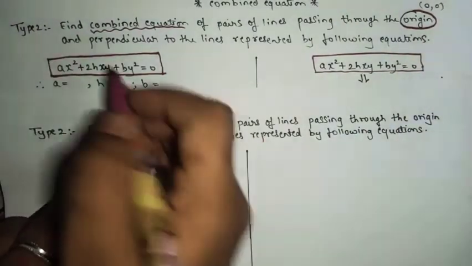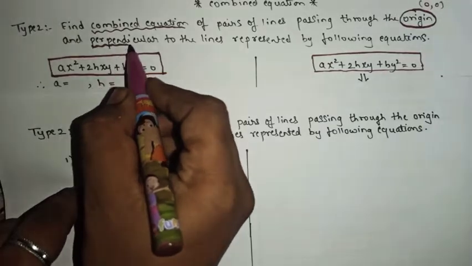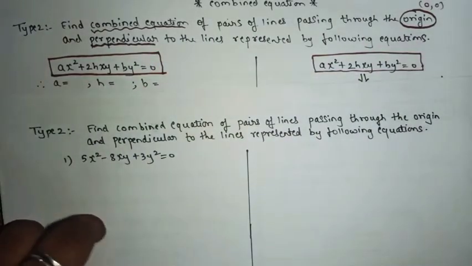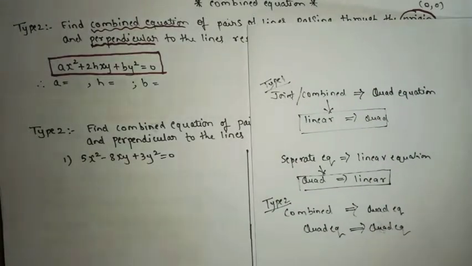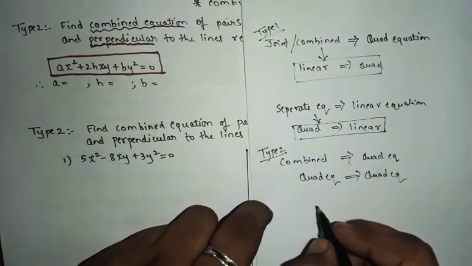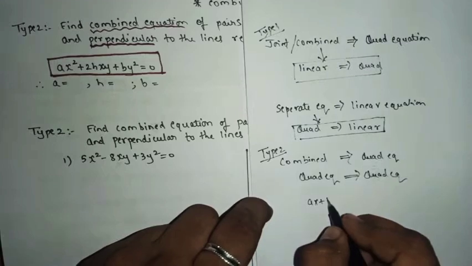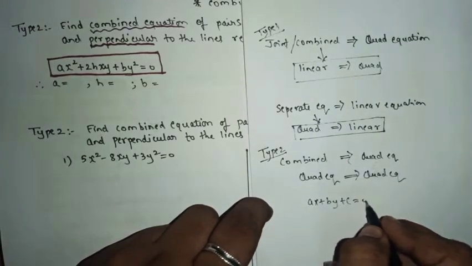And it is perpendicular. Focus on this word perpendicular. Whenever the word perpendicular comes, you will find the slope. Suppose the equation is ax plus by plus c equal to 0.